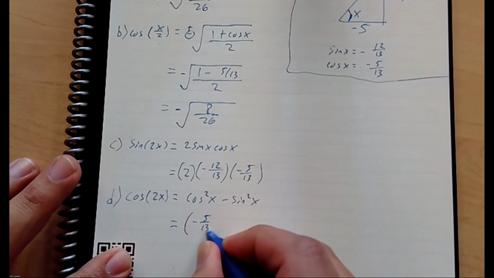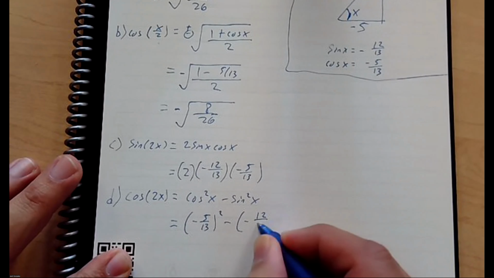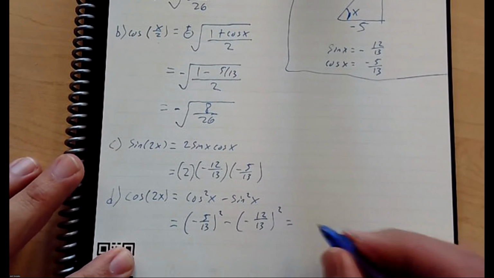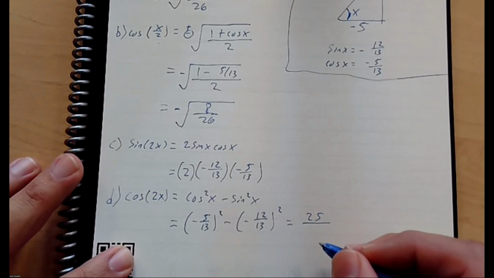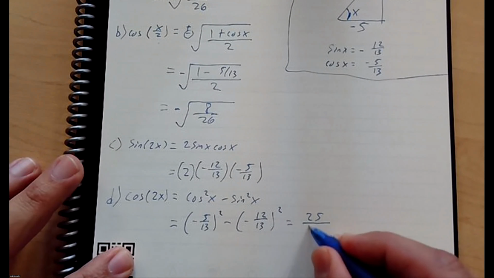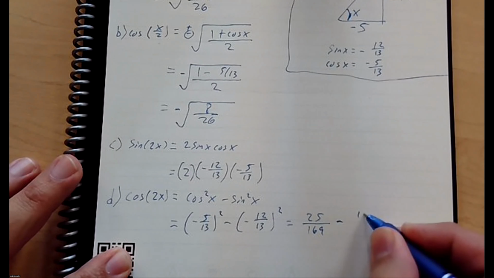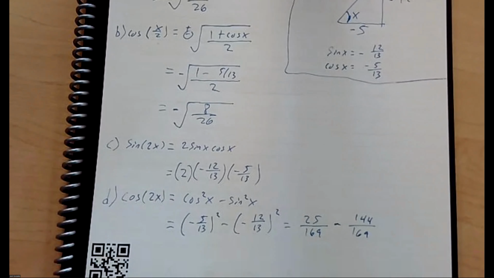So 5/13 squared minus 12/13 squared. 25 over 169, right? 13 squared is 169. I feel like that's right. I don't know. Anyway.